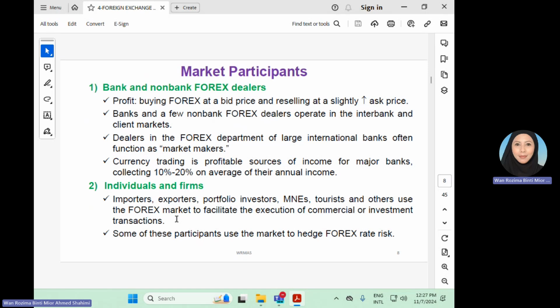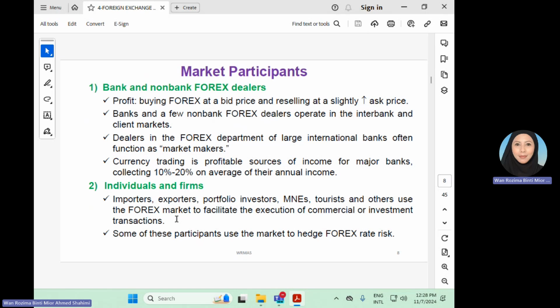Bid price is the price that you're willing to buy at, and ask price is the price that you're willing to sell at for that particular currency, for example currency X. For banks, they buy forex at bid and sell it at a higher ask price. The difference between bid price and ask price we call the spread, and this spread determines the profit. The bigger the spread, the higher the profit.